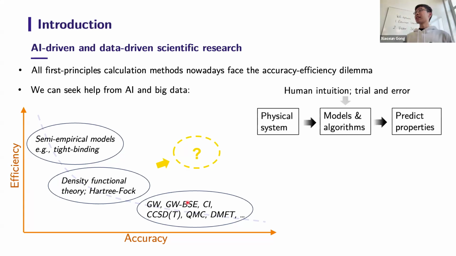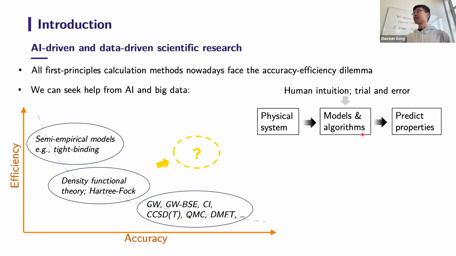In the traditional paradigm of scientific research, whenever we have a physical system and want to predict its properties, we have to rely on human intuition and trial and error to find a working model and algorithms.